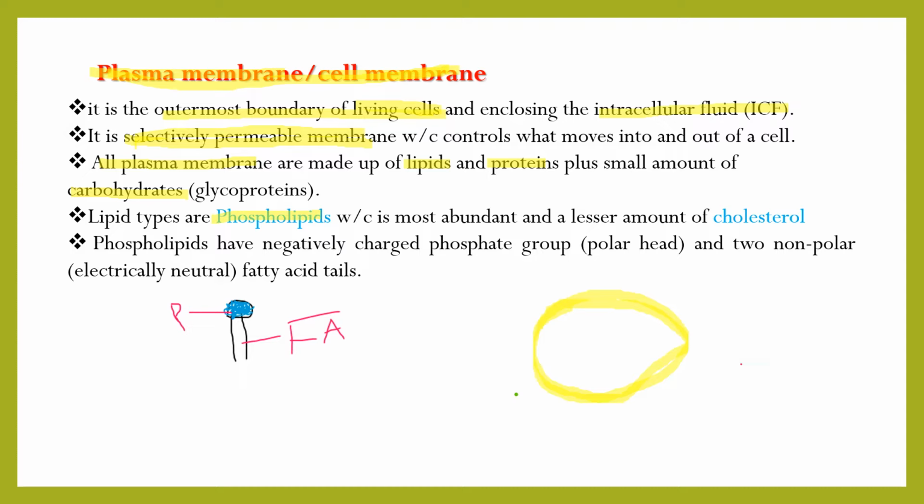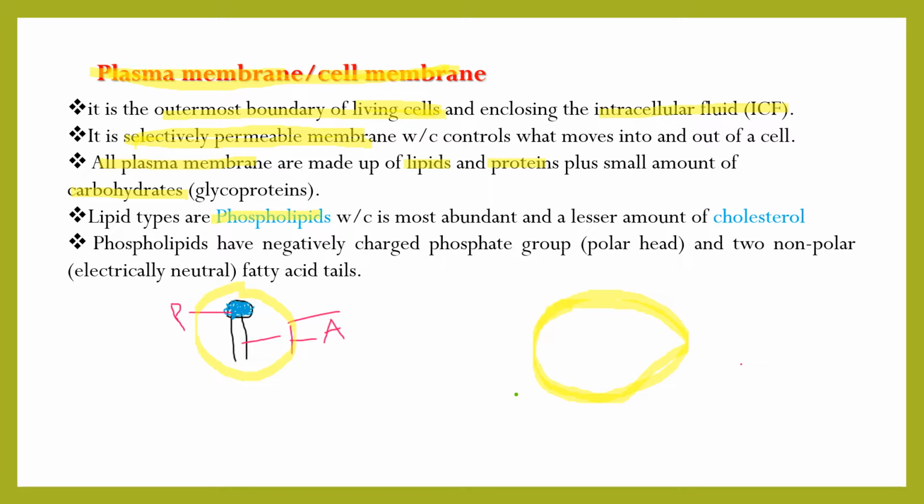As you know, a phospholipid is made up of three main components: one glycerol, two fatty acids, and one phosphate group. Therefore, for common understanding, the structure of a phospholipid looks like this picture.